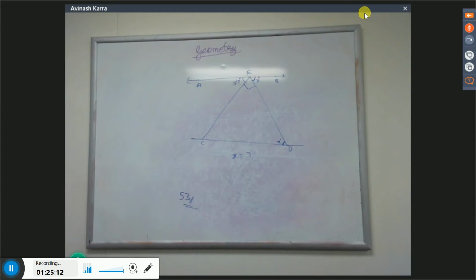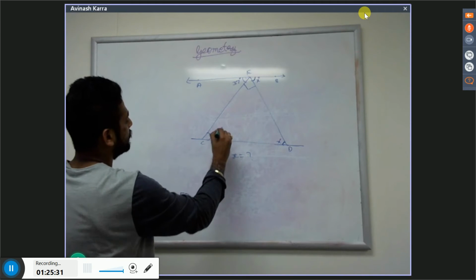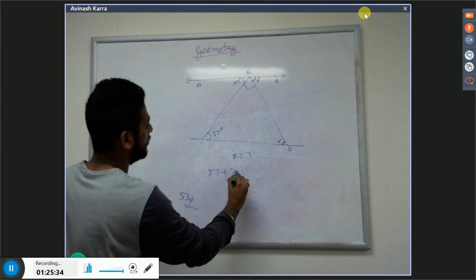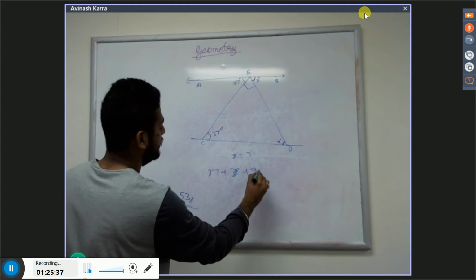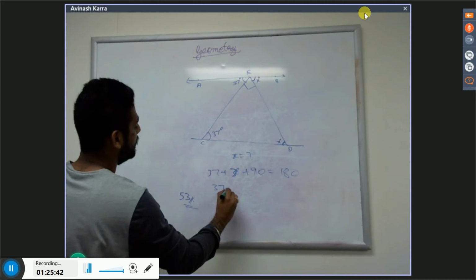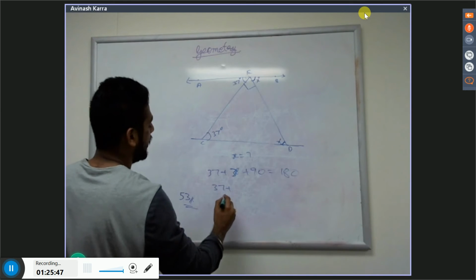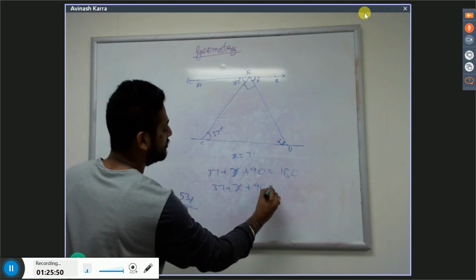Instead of doing the way that you told, couldn't we say that angle ECD is equal to 37, and then knowing that a triangle is 180 degrees, couldn't we find it that way too? Yes, you can do this. Because even this is also 37. So 37 plus x plus 90 is equal to 180. Even if I write this equation, 37 plus, instead of this, I'm taking this also as x, x plus 90 is equal to 180.